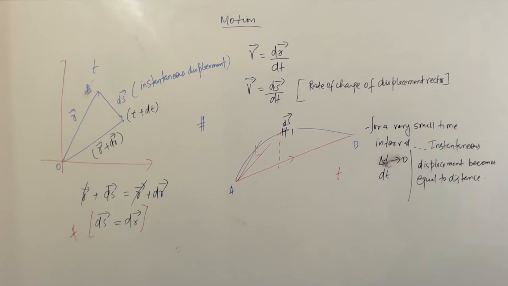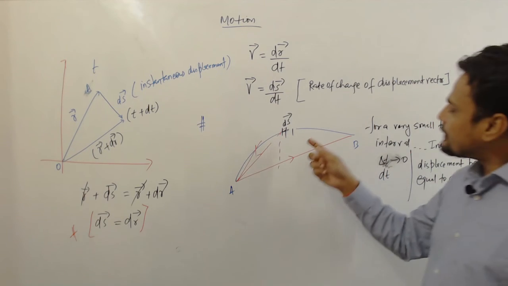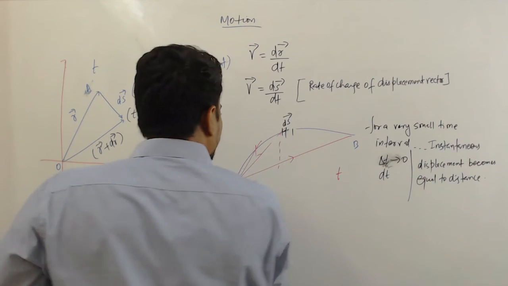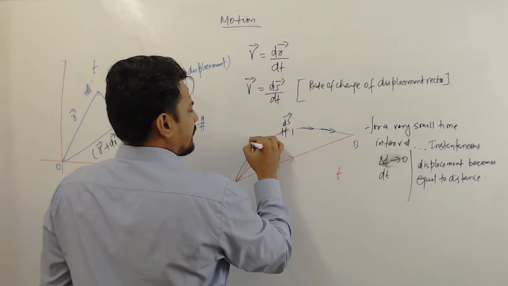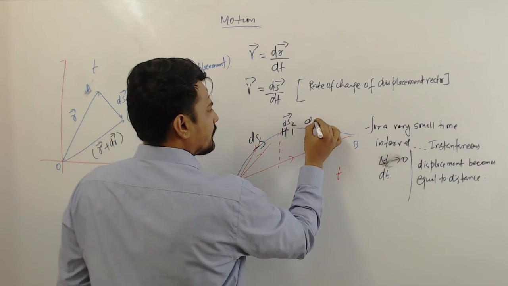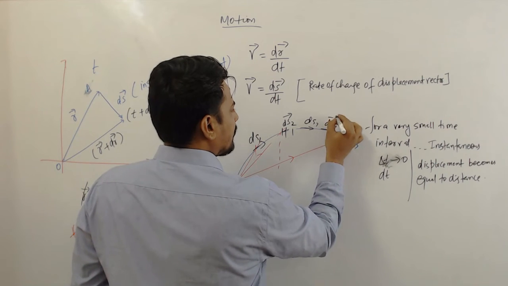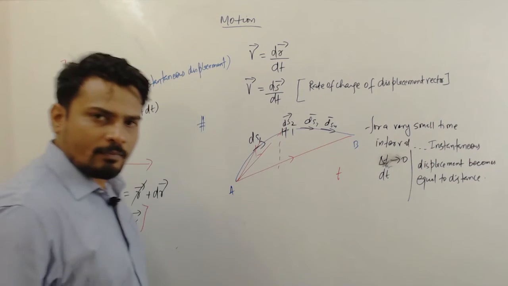अच्छा जी, तो एक बात तो अपने को यहाँ पे और भी समझ में आ रही है कि अगर displacement is going to be equal to a distance, and if I consider more small instantaneous displacements, let's suppose this is your ds1, ds2, ds3, ds4, and so on.